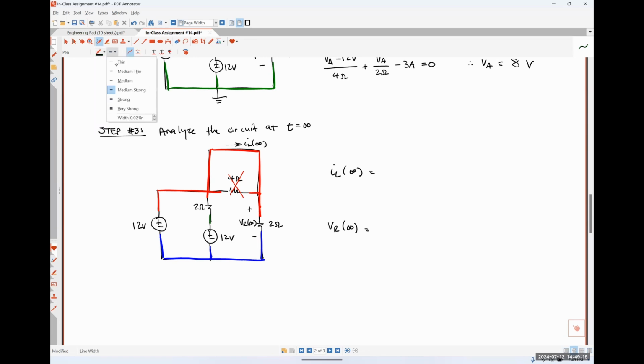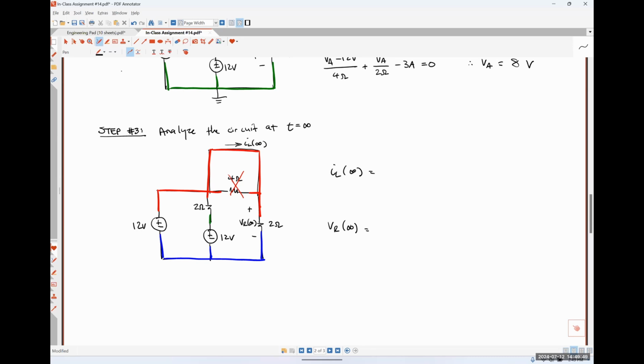So before I commit to doing nodal, I want to make an observation. The 12-volt source on the left is connected between the red node on top and the blue node on bottom. And our 2-ohm resistor on the right is connected between the red node on top and the blue node on bottom. What does that mean?